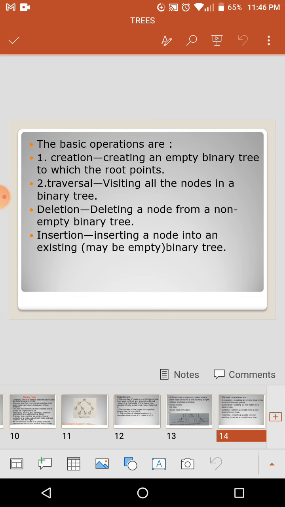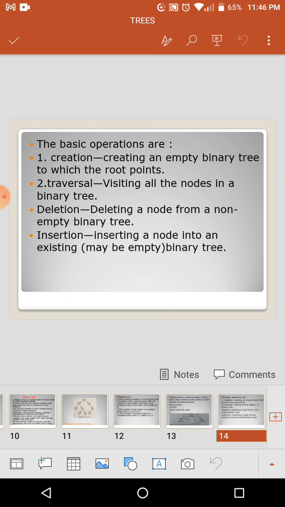Here the basic ADTs are creating a tree, and traversing, nothing but visiting all the nodes, the data elements in the binary tree. If you want to delete an element, we delete a node from the nonlinear data structure. For insertion, if you want to insert a new child, we can insert it into the existing tree. We can also check whether a tree is empty or not, that is, whether it has children or not.